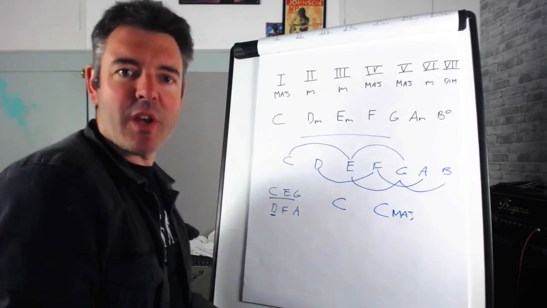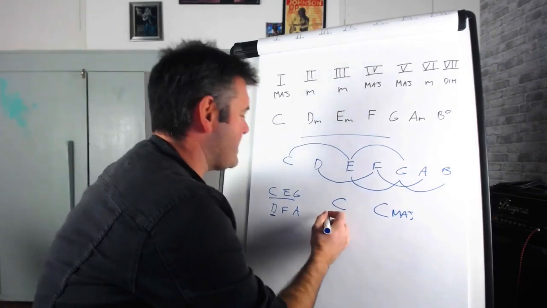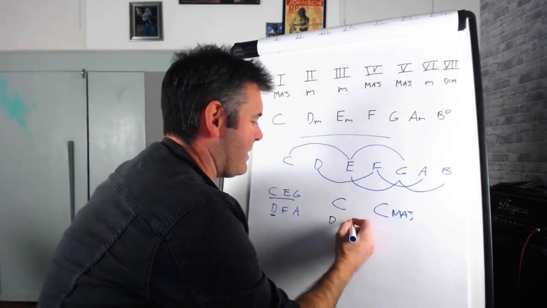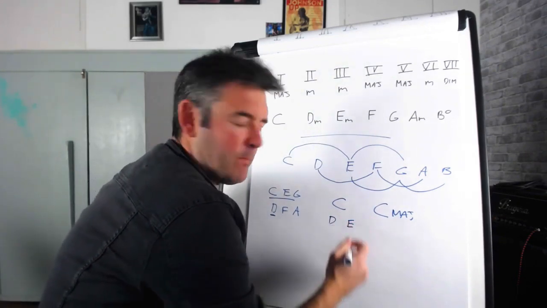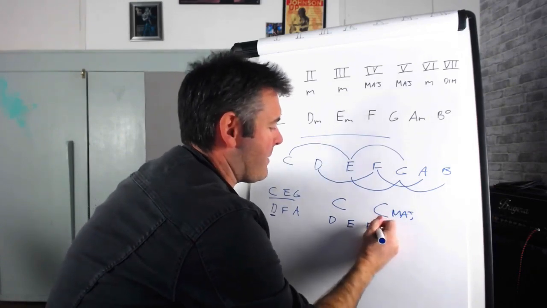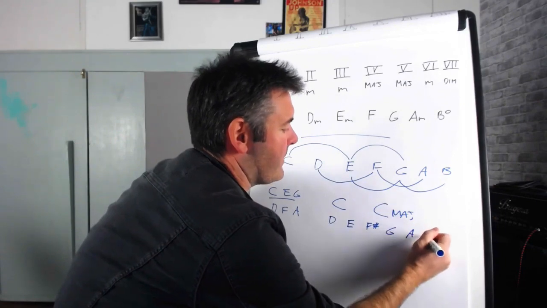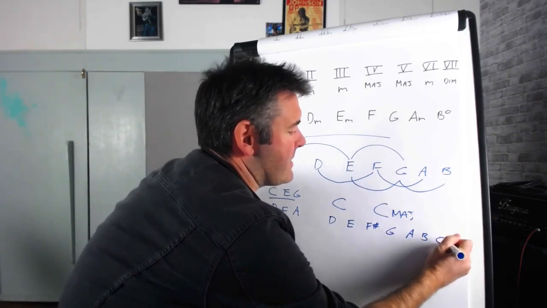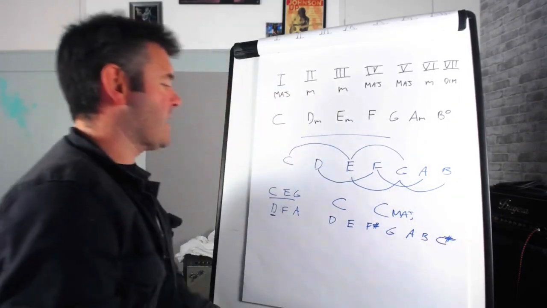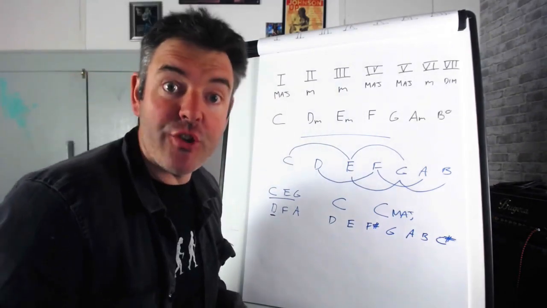So let's find out. So the notes in the D major scale are D, E, F sharp, G, A, B, and C sharp. So let's look at what a D major triad would be.